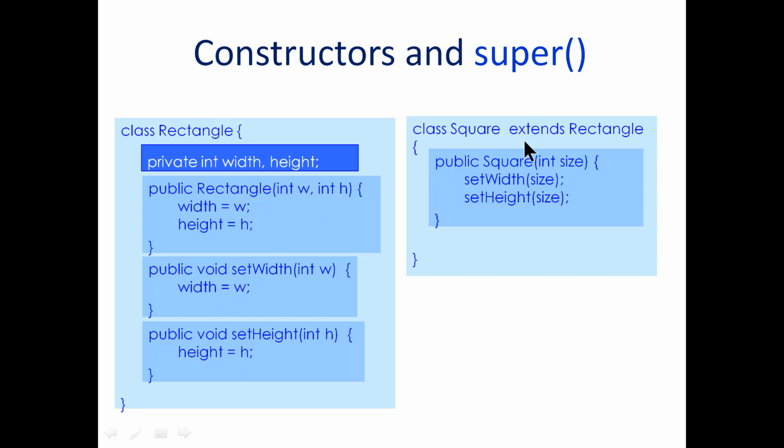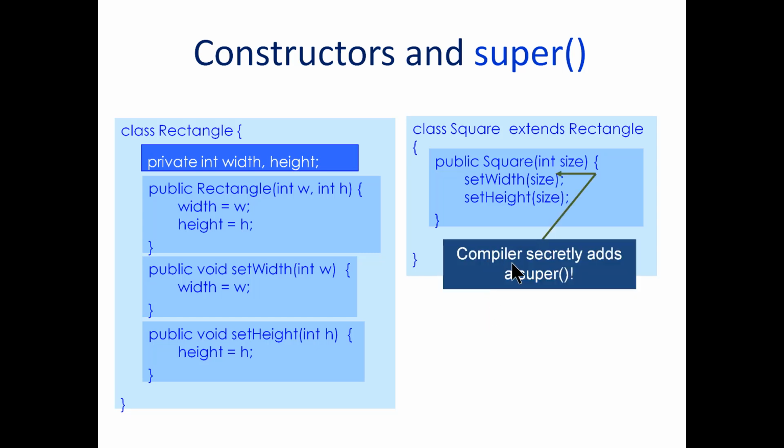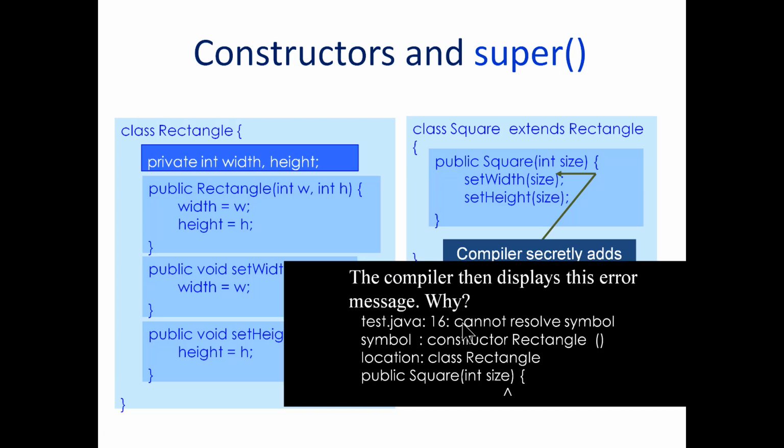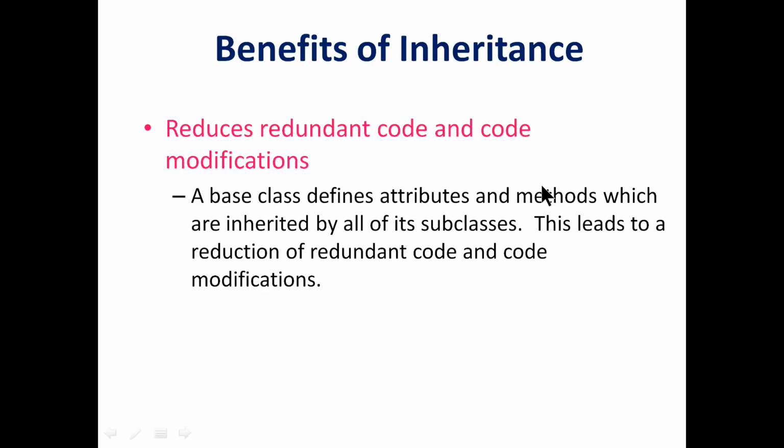And I have class Square extends Rectangle, that means I'm creating a child, and then setHeight and setWidth, I can do that, yes, because these are public methods, I can call them from the child. But the compiler secretly adds a super automatically, though you don't see it. The compiler displays this error message because there is a problem: you have two parameters and you are sending one parameter.